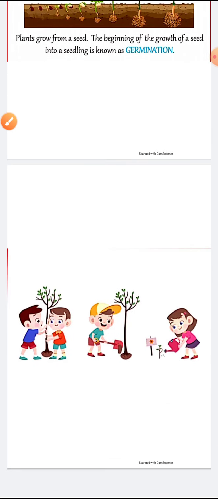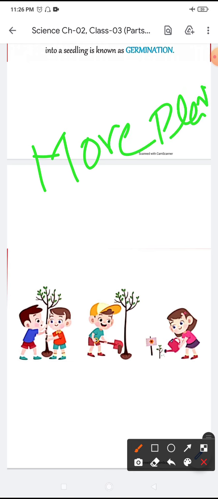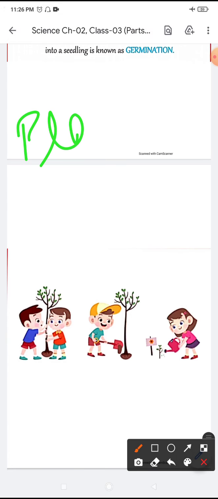So children, what do we learn in this? We should plant more trees. Please.